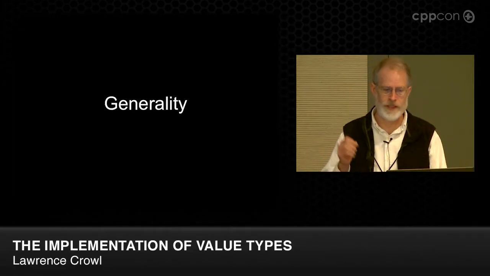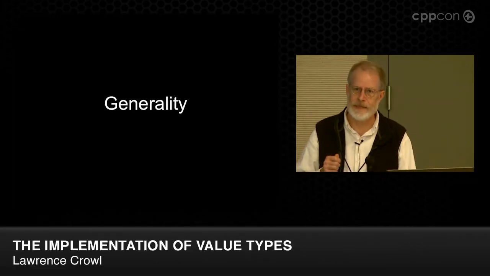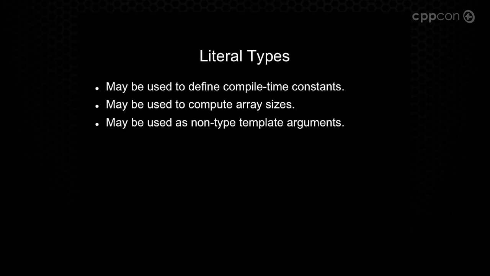The next thing you want to think about when you're writing a value type is the generality. Arithmetic types can be used in several places in the standard where normal class types can't be. We would like to use our new value class in those places. And the mechanism for this is called literal types. What it does is it allows you to create compile time constants.